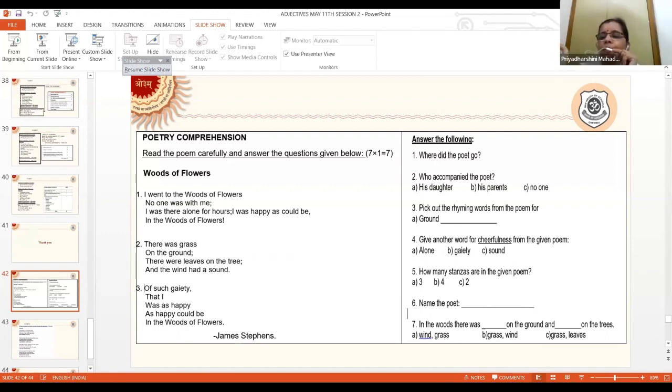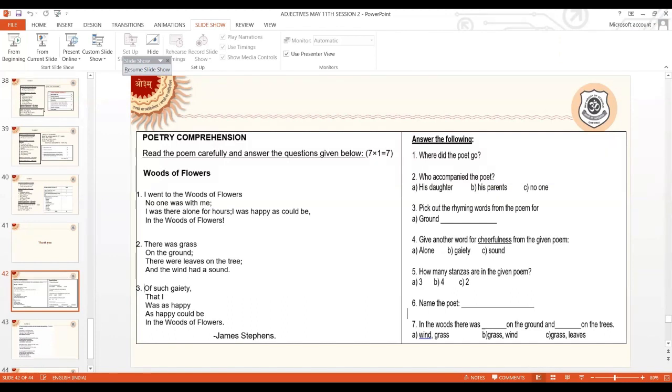In the woods, there was dash on the ground and dash on the trees. Grass and leaves. So option C is correct: grass on the ground and leaves on the trees. Suppose the child marks the answer C, will you give full marks? No, you should write it on the blank. Blank. Excellent.